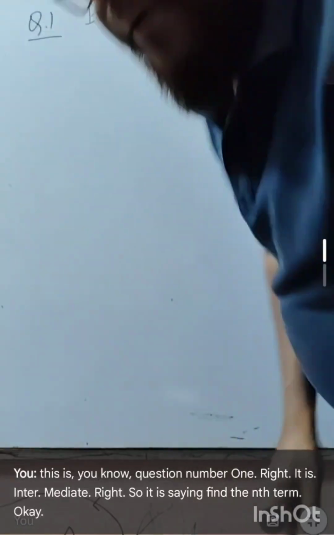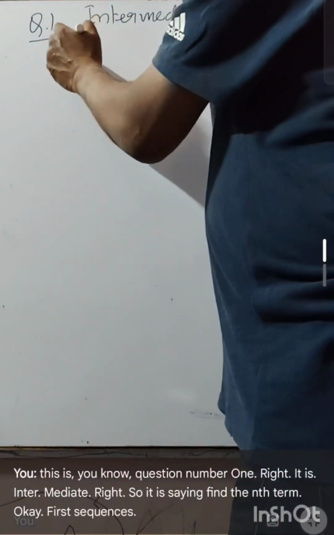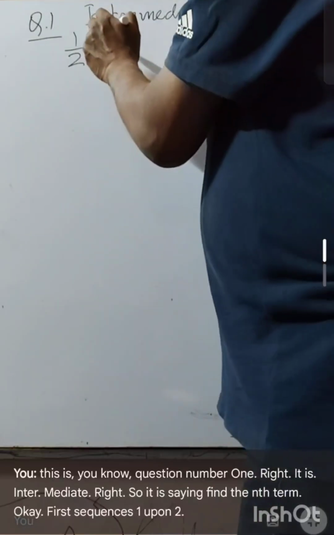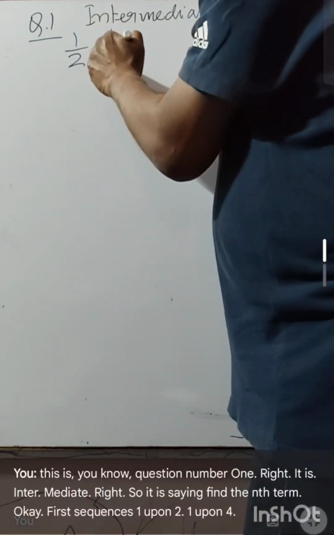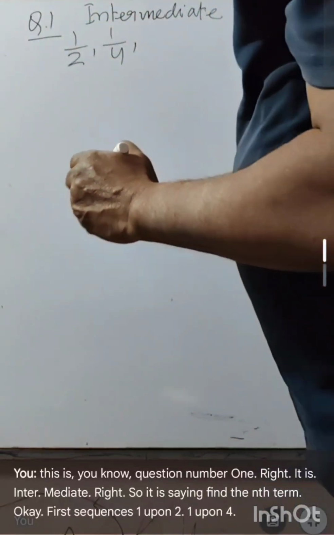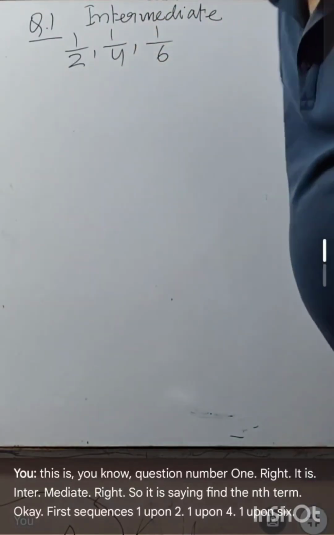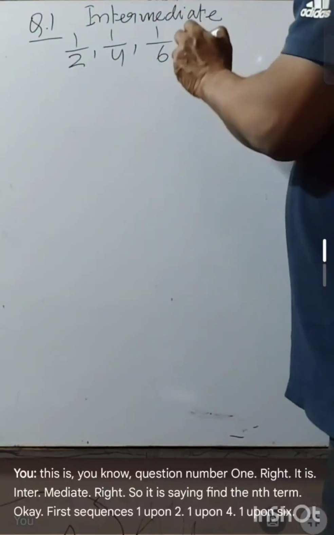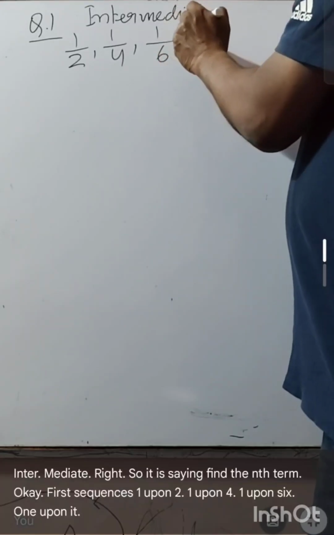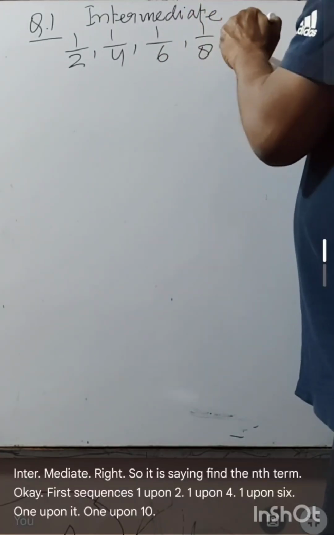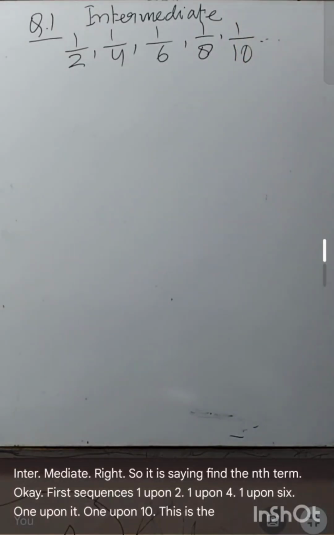The first sequence is 1 upon 2, 1 upon 4, 1 upon 6, 1 upon 8, 1 upon 10. This is the sequence, right?